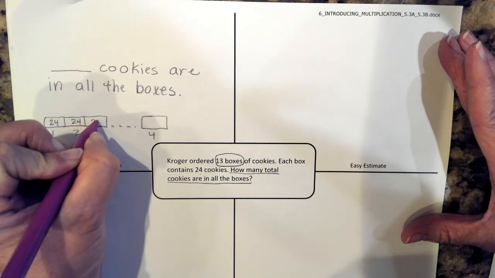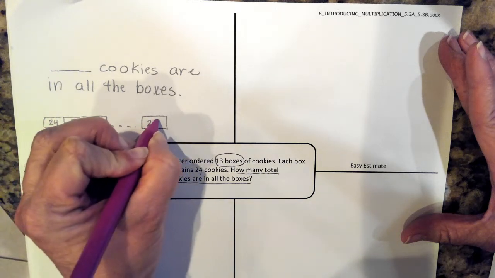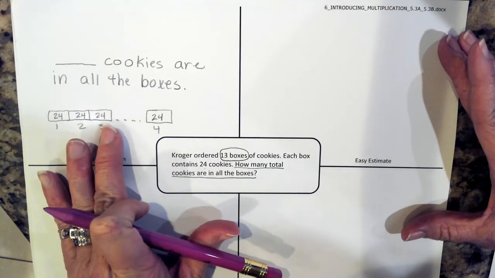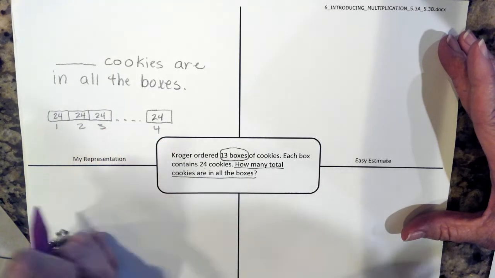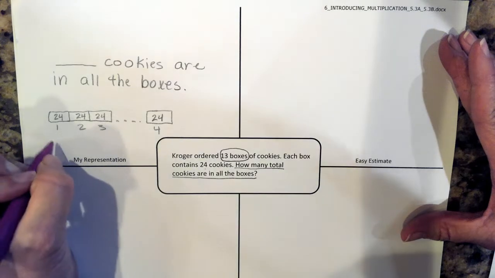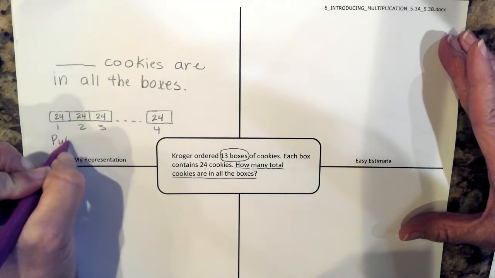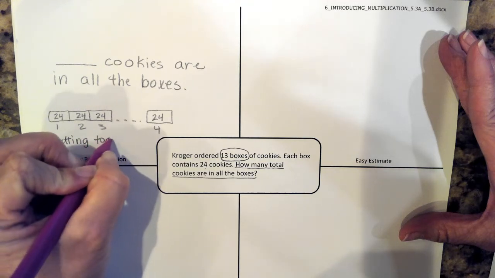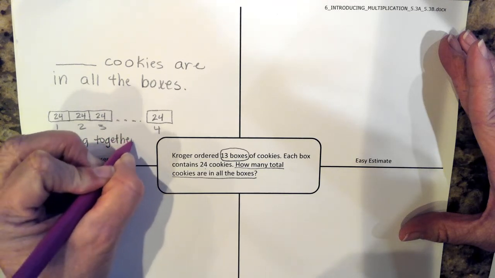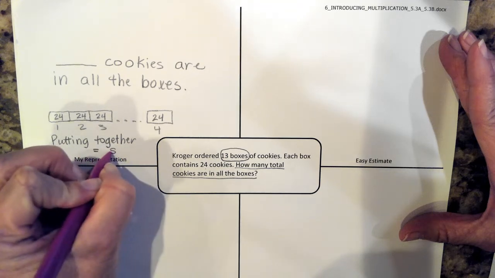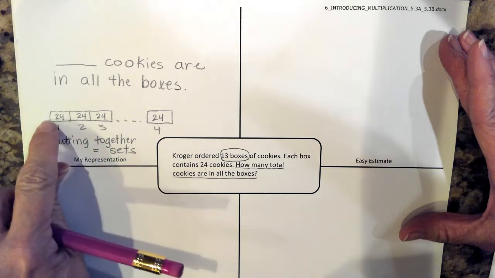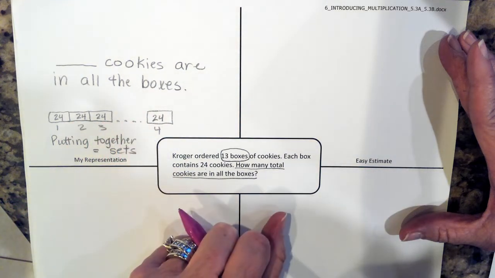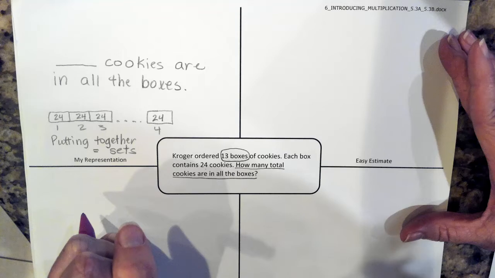So as I start to write this down, I'm starting to get a mental picture of me having the same amount in each box. So the action that goes with this is called putting together equal sets, because we have the same amount being repeated over and over, which is really repeated addition.